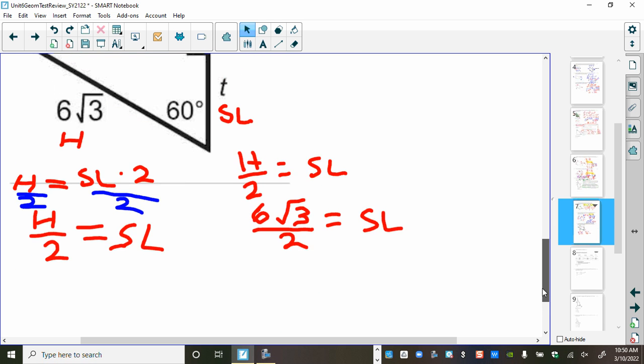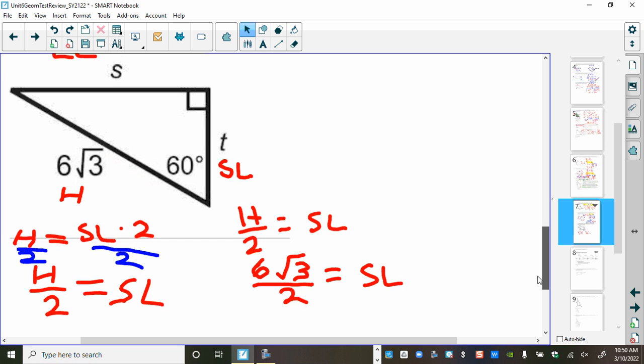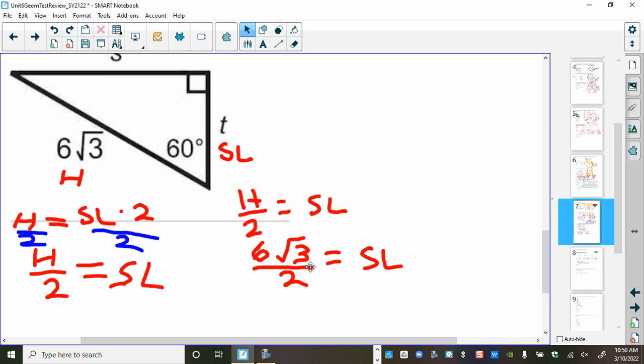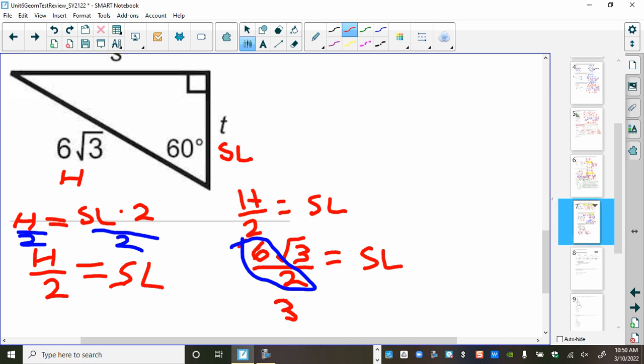To get the short leg, what's the only thing we have to do? What's 6 divided by 2? And then your short leg's going to be 3 times square root of 3. That's the short leg.